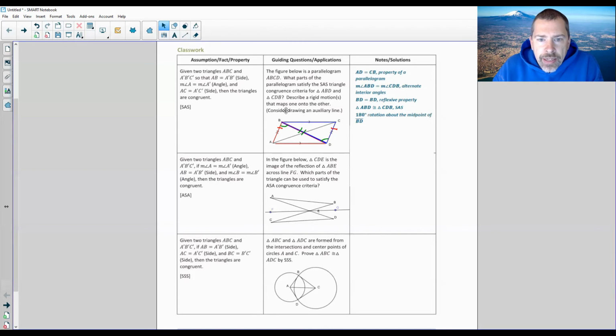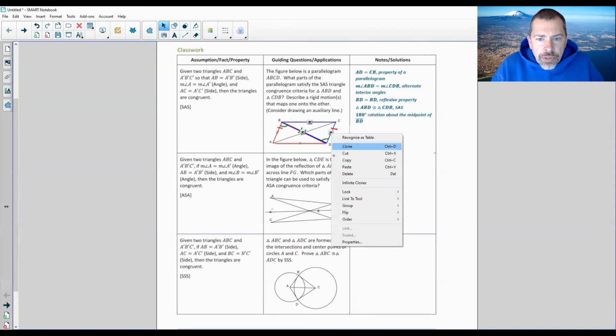Okay, and then it says, describe the rigid motion. So if I put a dot at this midpoint here, and now I can't do this the right way. This program does not allow me to rotate from the center.